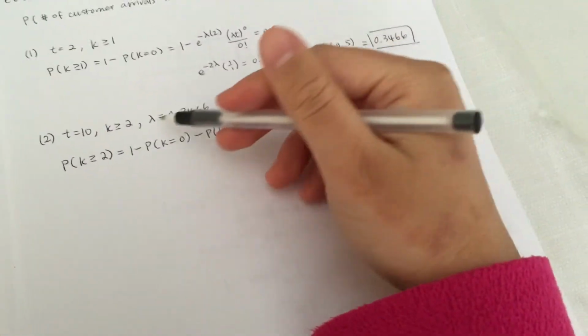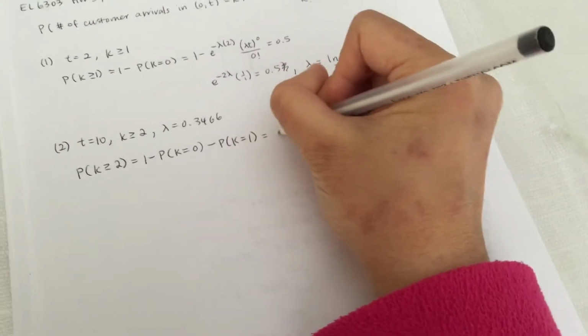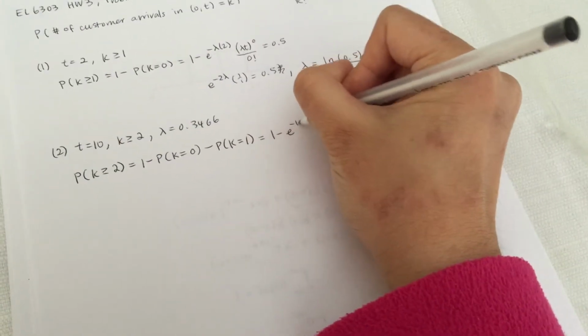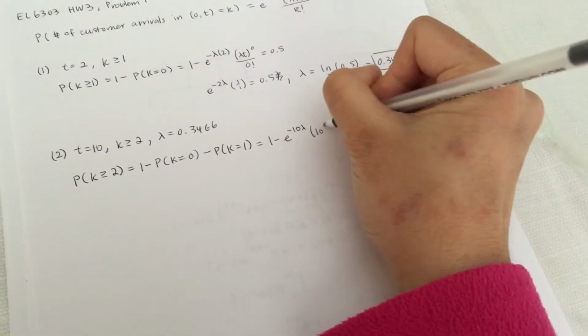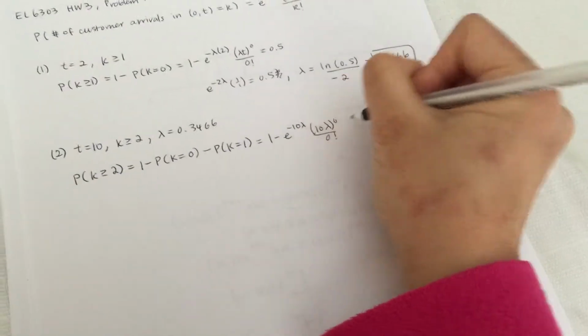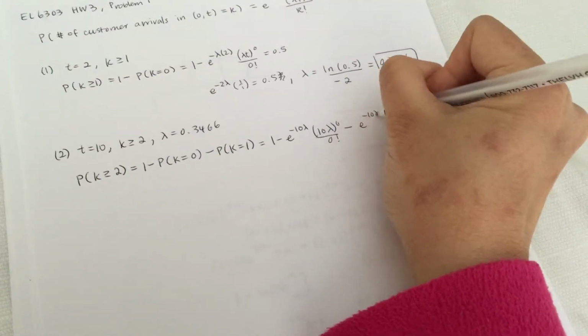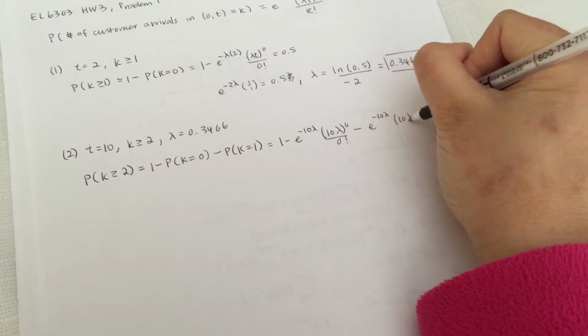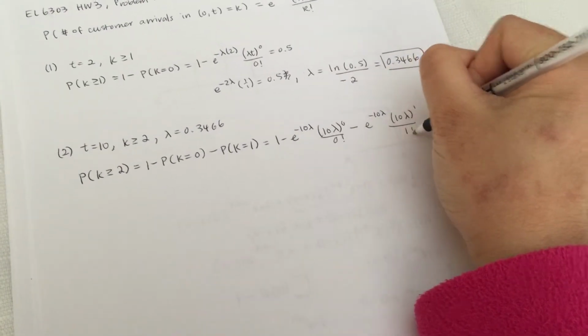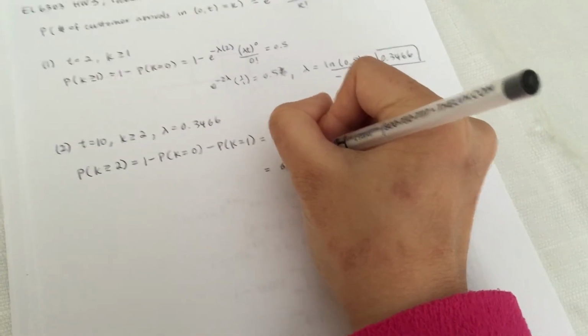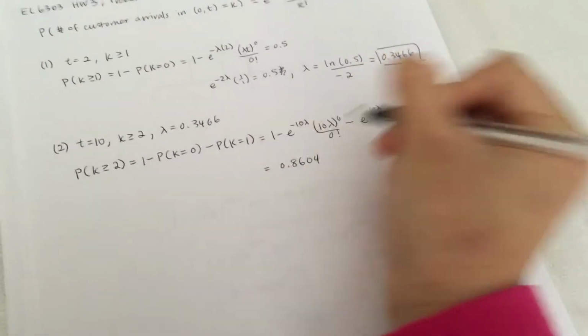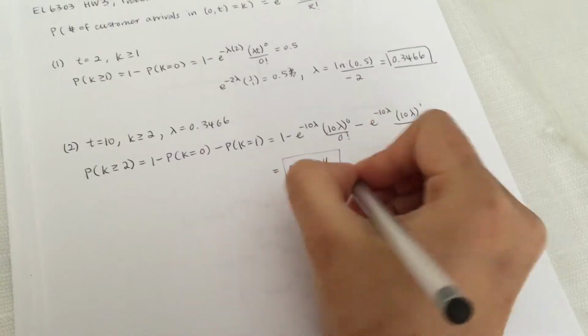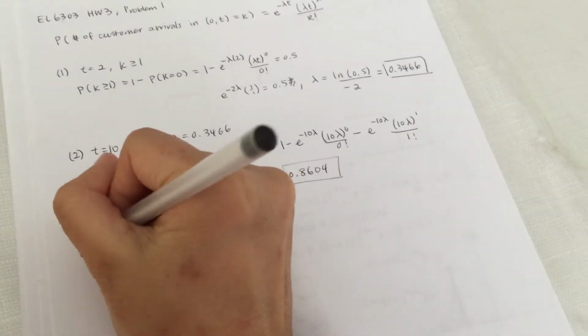And so you plug in all the values, which is this expression over here. Then you evaluate this and you get 0.8604. That's the probability that at least 2 customers will come in 10 minutes.